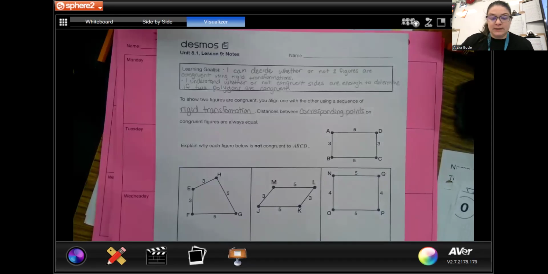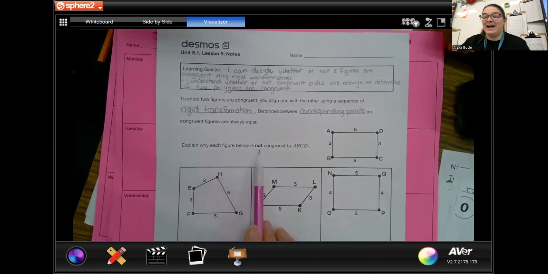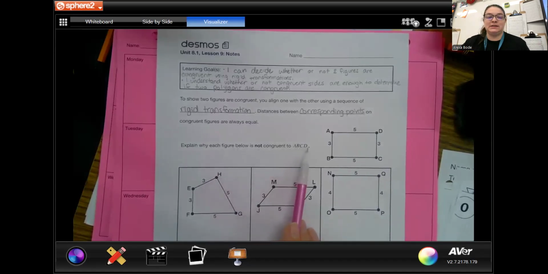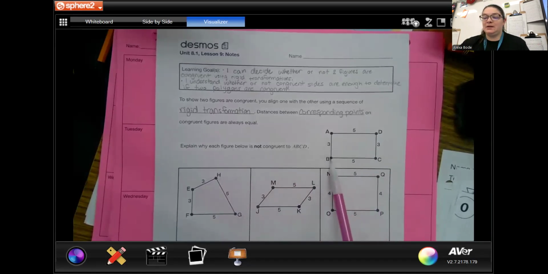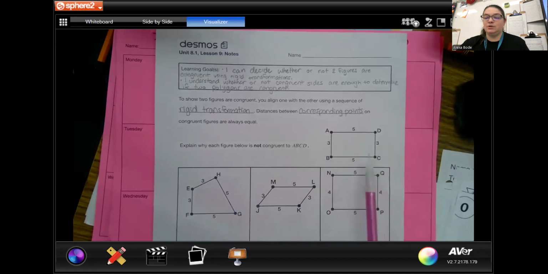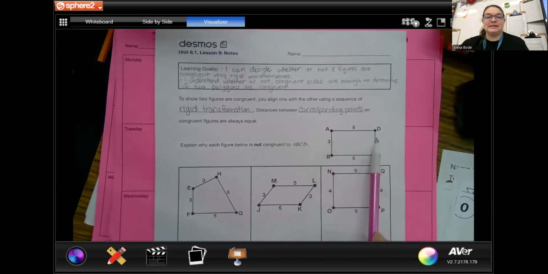Okay, so this says explain why each figure below is not congruent to ABCD. So here we have ABCD. These two sides, AB and DC, are 3 units. BC and AD are 5 units.